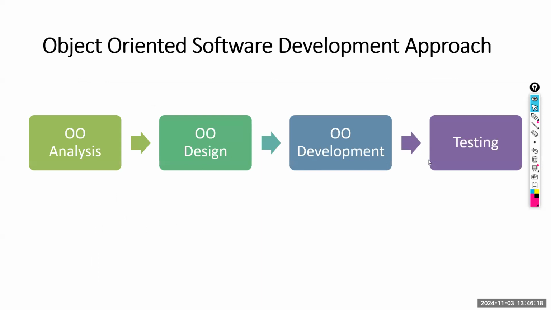Right. So if you want to develop the software in an object-oriented manner, you need to think in terms of object-oriented concepts from the analysis. Of course, preliminary investigation and planning are common to structured and object-oriented. But if you decide to go the object-oriented way, you better do object-oriented analysis. That means when you analyze, you think as much as possible in terms of objects and related concepts.